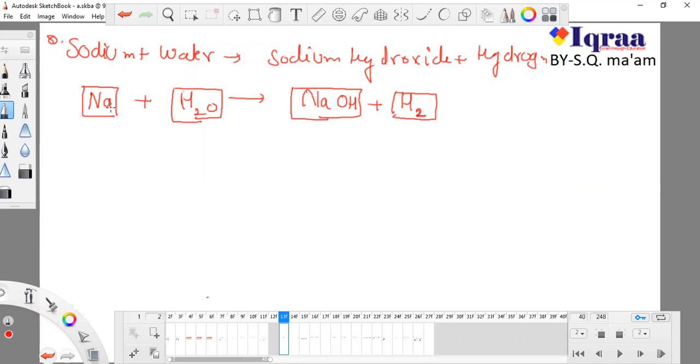Now write about elements here. Write LHS. What is LHS? The side at the left hand side of this arrow, and the other side is the right hand side, at the right hand side of this arrow.